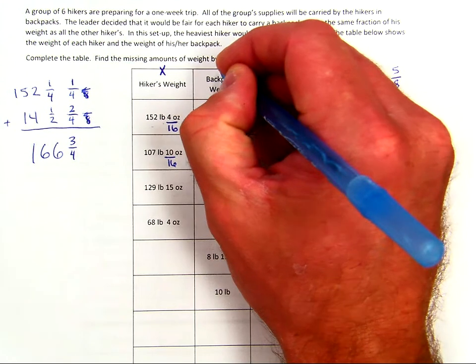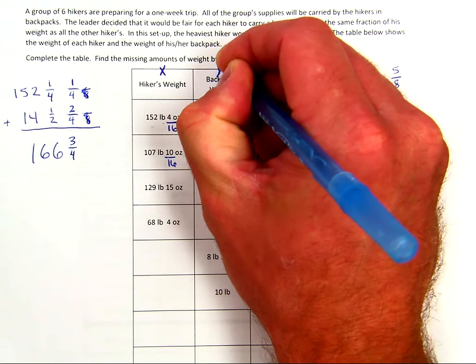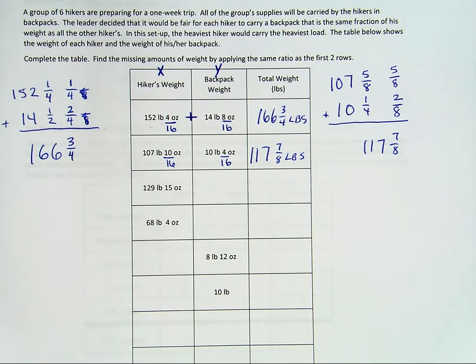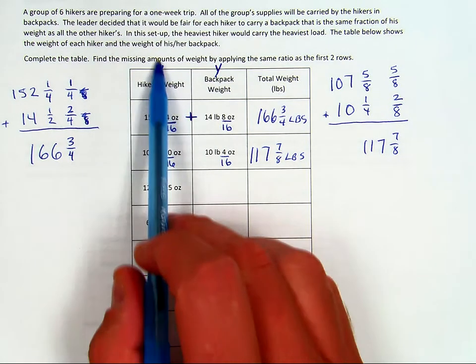And then the second measured quantity is always labeled with a y. It's always like that. It'll never be different. It's always going to be x and then y.